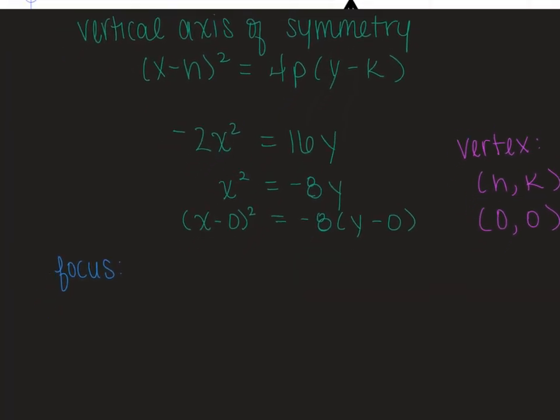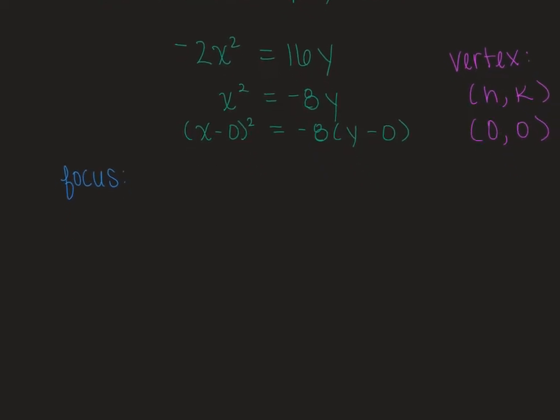We know that the value in front of our y term is going to be 4p. So I could set negative 8 equal to 4p. Do whatever you need to do to solve for p. For instance, we just need to divide. So negative 2 equals p.